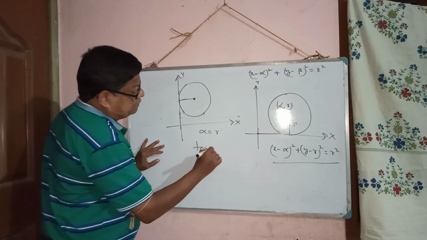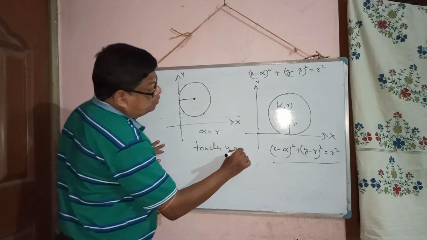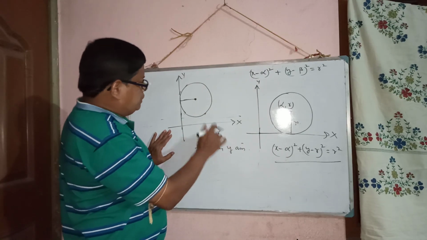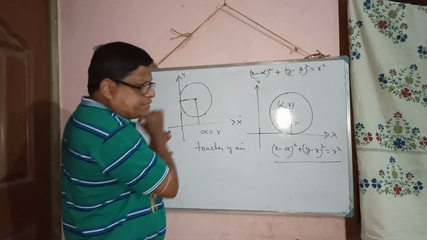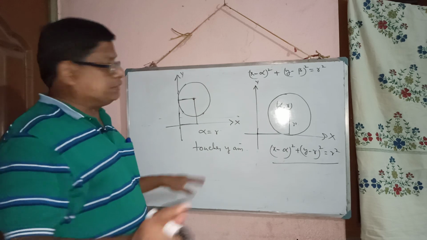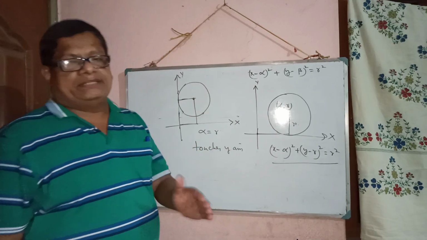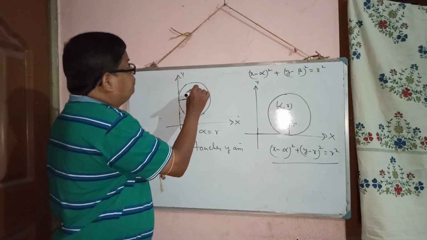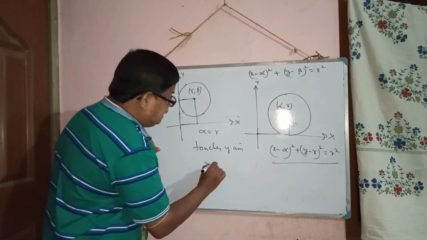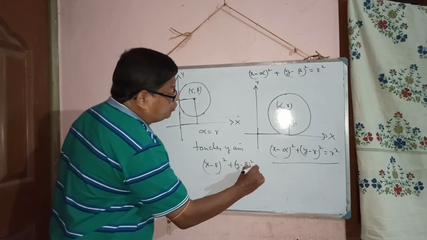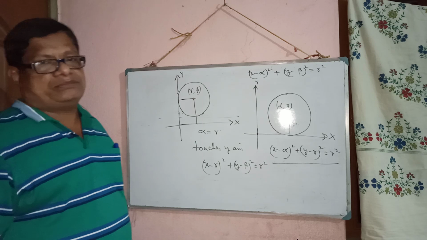If it touches the y-axis, then alpha equal to r. Okay, and this is the ordinate, this is the abscissa. So if the circle touches the y-axis, then the center will be r comma beta. The equation will be x minus r whole square plus y minus beta whole square equal to r square.